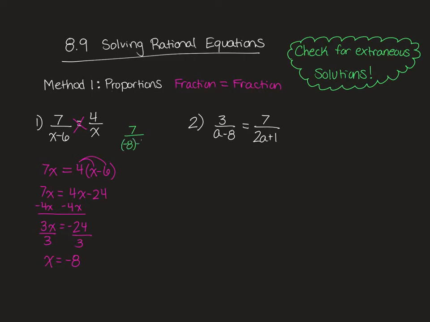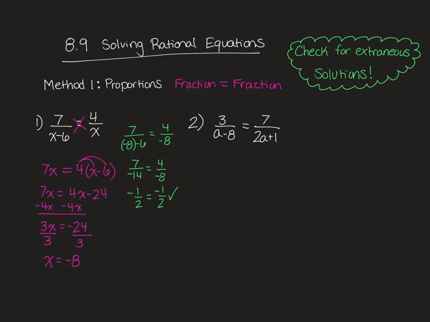So we'll have 7 over negative 8 minus 6 is equal to 4 over negative 8. So negative 8 minus 6 is negative 14, so we have 7 over negative 14 and 4 over negative 8. Well, 7 over negative 14 reduces to negative 1/2, and 4 over negative 8 also reduces to negative 1/2, so it checks out, it works.